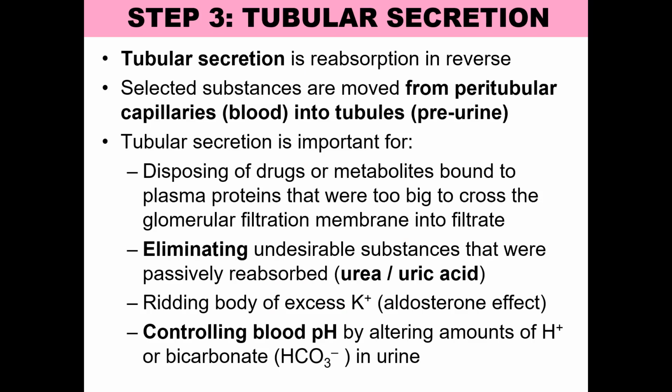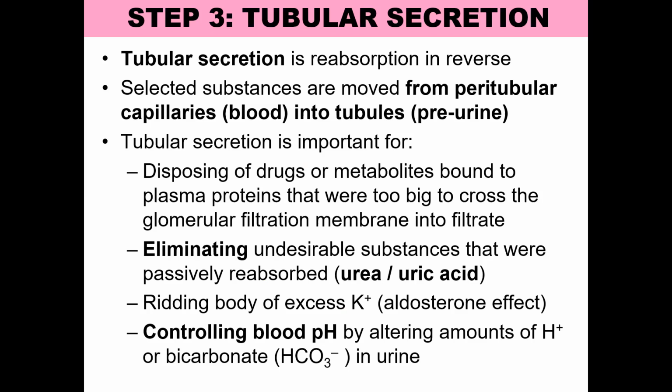And we are going to need to alter either secreting hydrogen ion, H+, the most acidic substance we've got, or bicarbonate, which is the base. So we use those two to control blood pH.